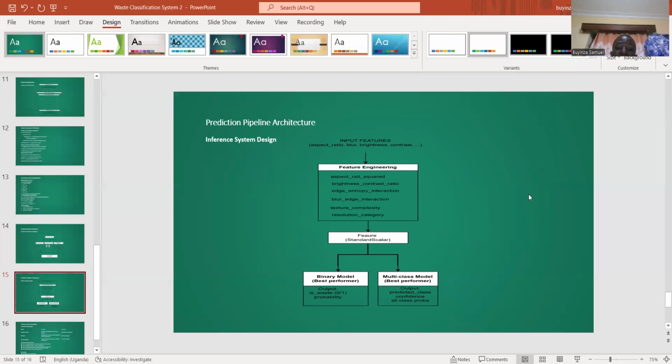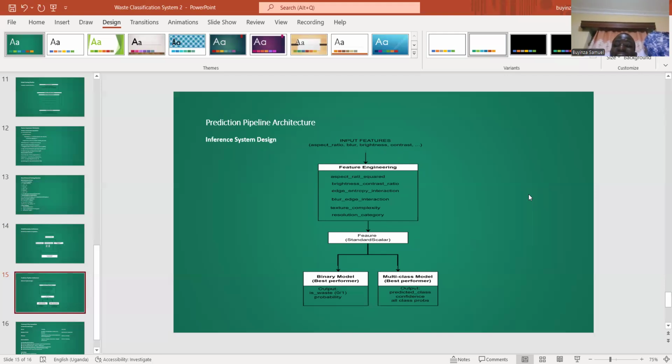Then we come to the prediction pipeline architecture, where we have the inference system design for the input features, where we have the aspect ratio, the blur, the brightness, the contrast, and the others, totaling up to the 9 that we had in the first place.